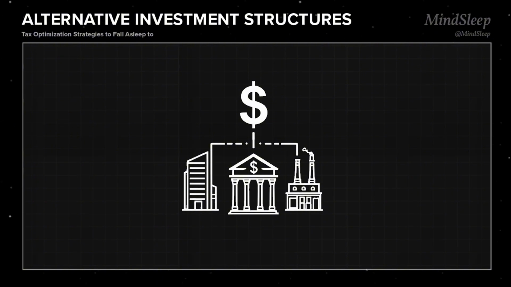However, it's crucial to note that the tax treatment of private placements can be highly complex and may vary significantly depending on the specific structure of the investment. This complexity underscores the importance of working with knowledgeable tax professionals when considering these types of investments.